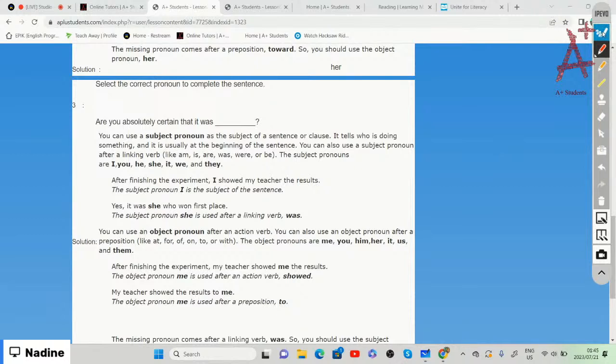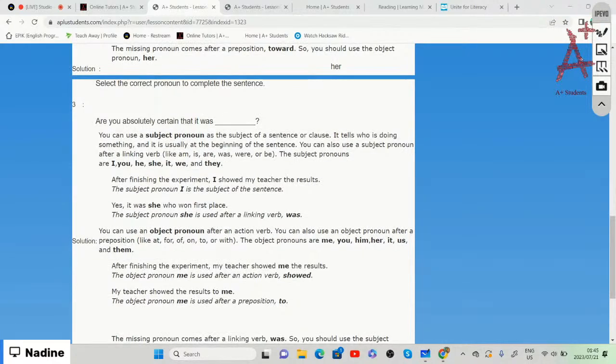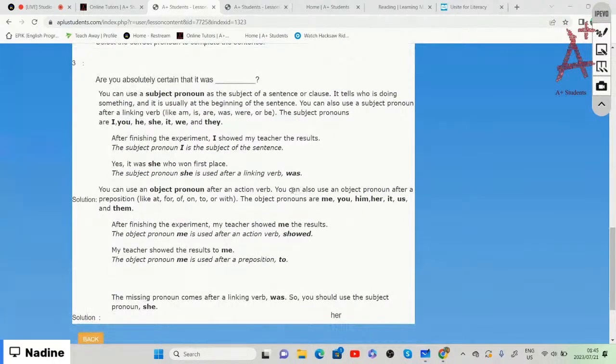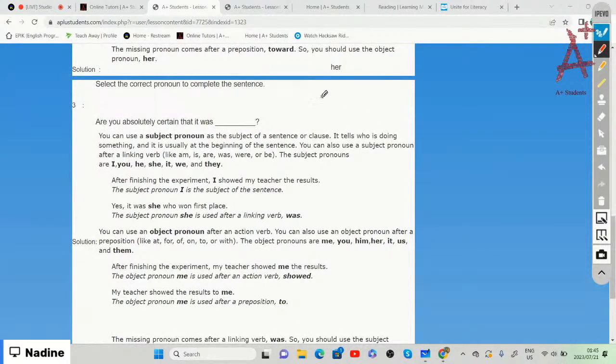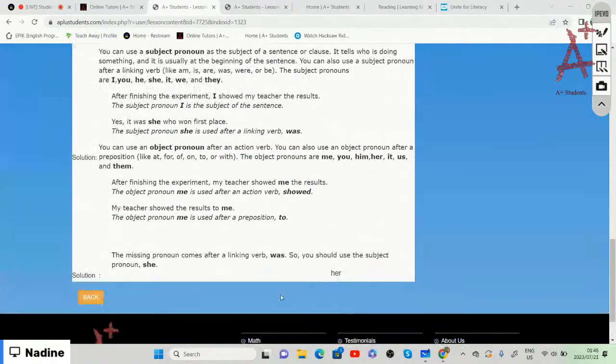Are you absolutely sure it was, we can say it was him, or in this case, we can say it was she. So she is the subject pronoun, right? And it comes after the linking verb, which is was.